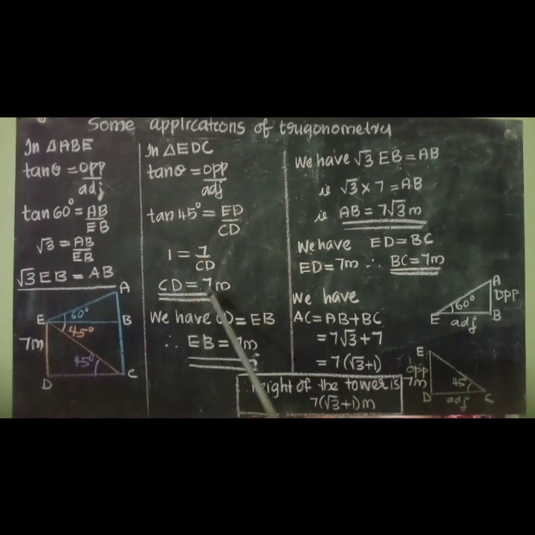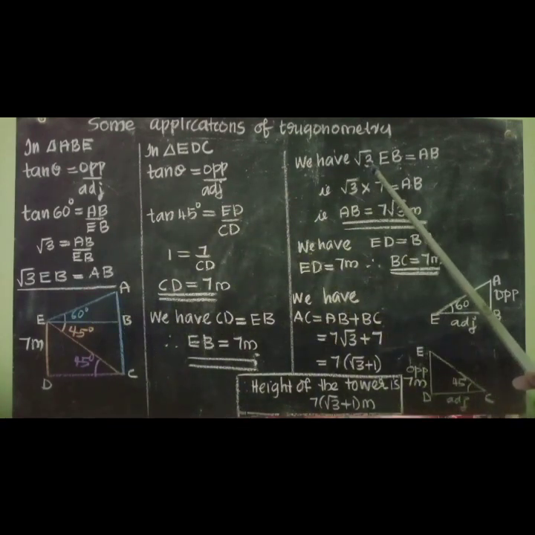The value of CD is 7 meter. So, we can conclude therefore EB equal to 7 meter. Now, we got the value of EB. It is 7 meter. Now, you consider this equation. We have root 3 EB equal to AB. Take that equation.